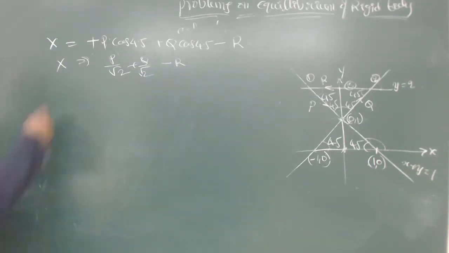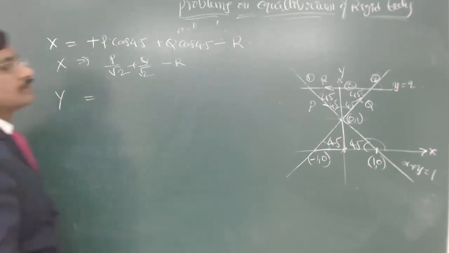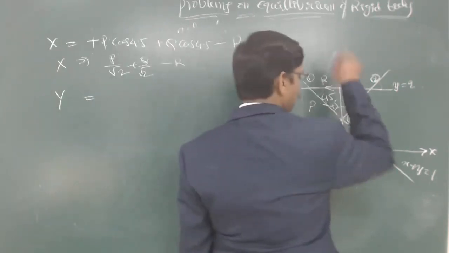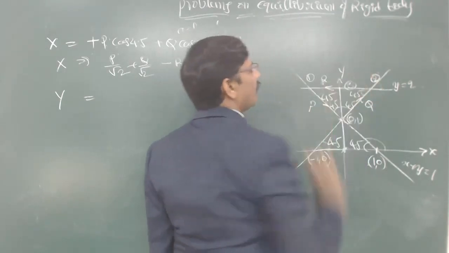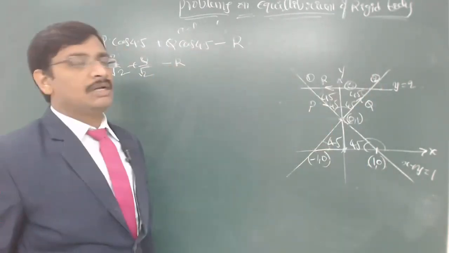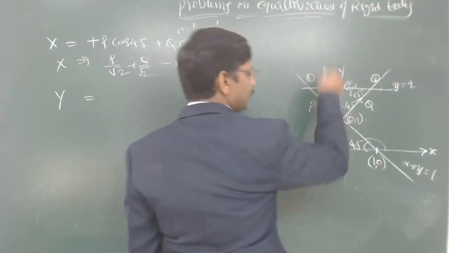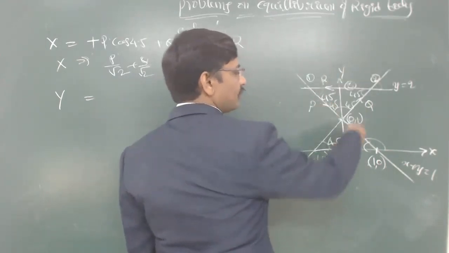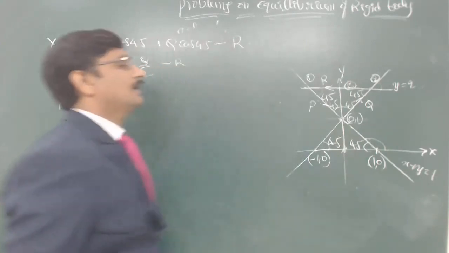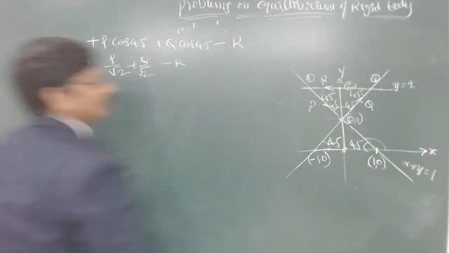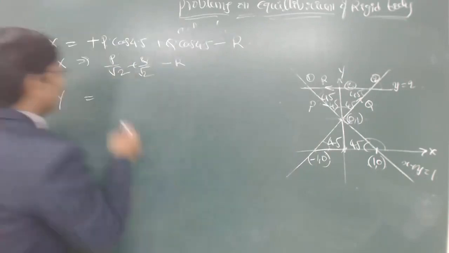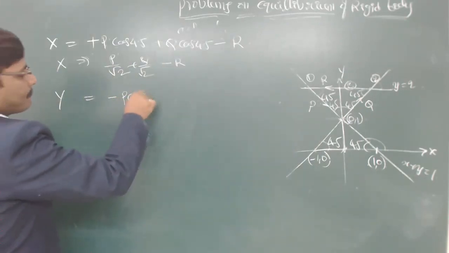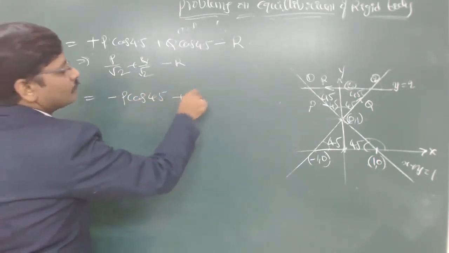And the y component of the force is vertical. R is completely horizontal, so you can remove it. P is acting downwards and Q is acting upwards. Downwards is negative and upwards is positive, and both are making an angle of 45 degrees with the vertical. So minus P cos 45 plus Q cos 45.